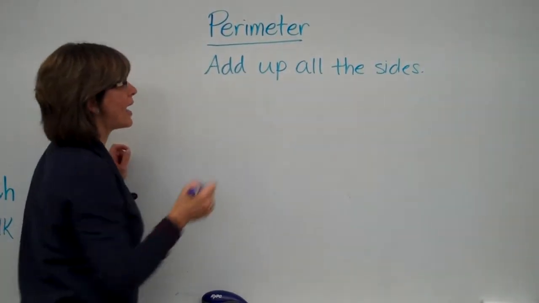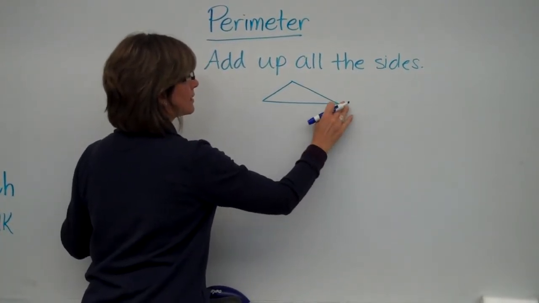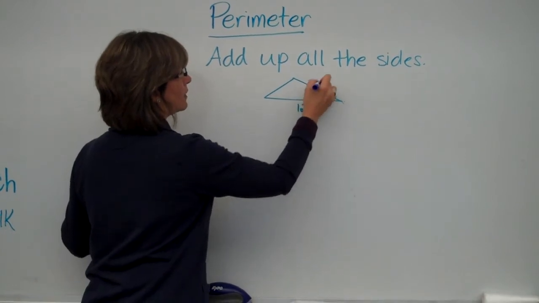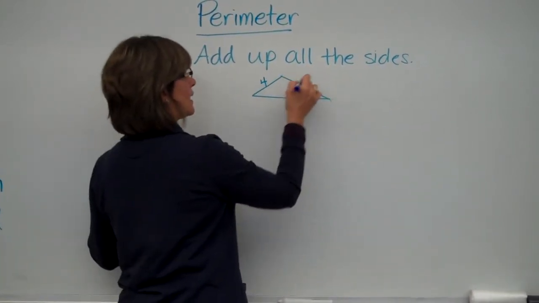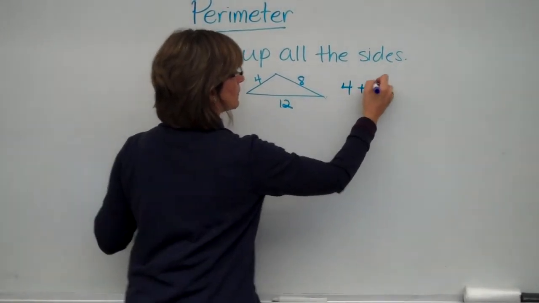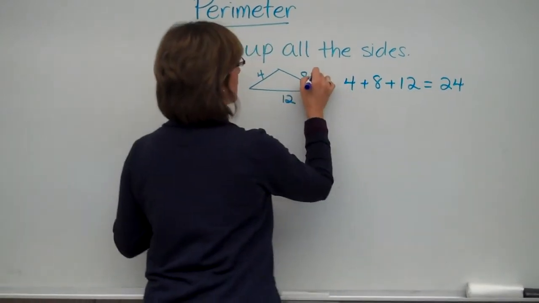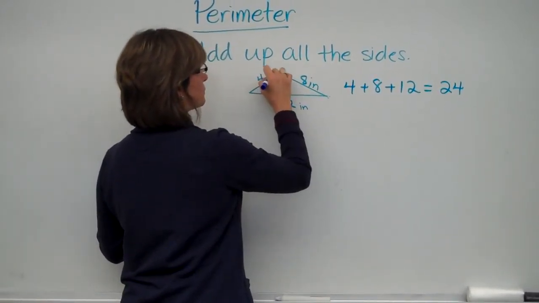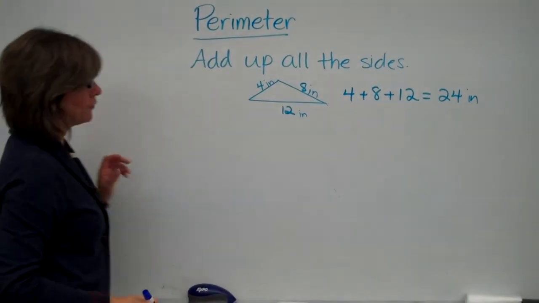So if I have a triangle that looks like this, and I say this side is 12, this side is 8, and this side is 4, I'm going to do 4 plus 8 plus 12, and I will get 24, whatever the units are. Let's say it's inches. I don't square it or anything. I just keep it as inches.